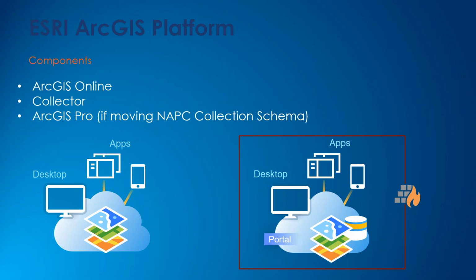Also, Portal was initially designed to live behind the Department of Defense firewall. So Portal can be set up internally as well. So if there are security concerns and you only want Collector available to people within your network or people who are on a VPN through Collector, that is another deployment option for you. That's not something we're going to be covering. We're going to be staying all within ArcGIS Online. We just wanted to show some of the other options that are out there.